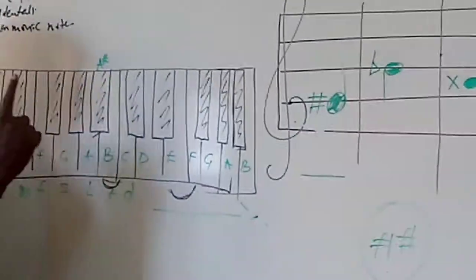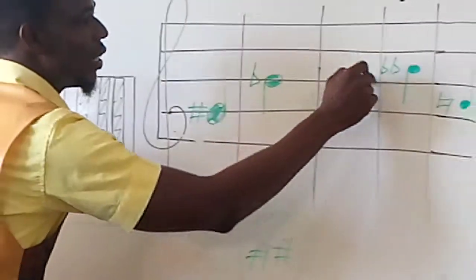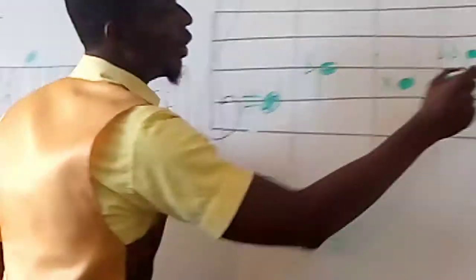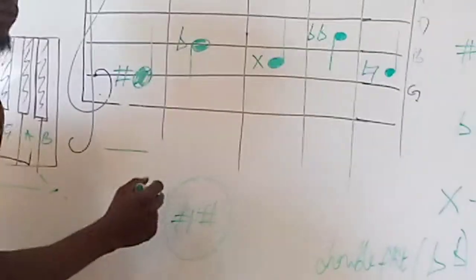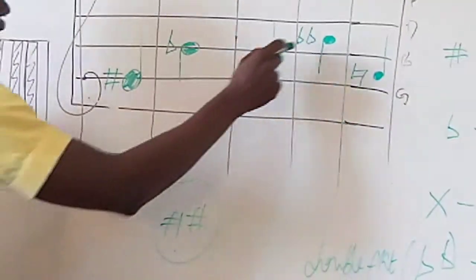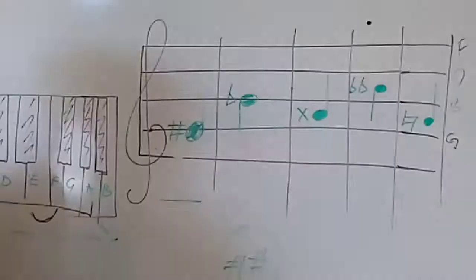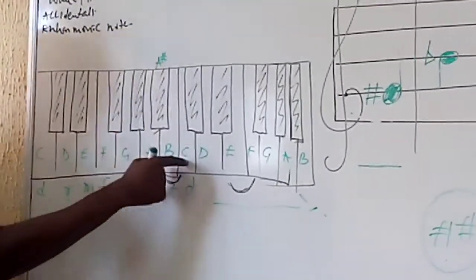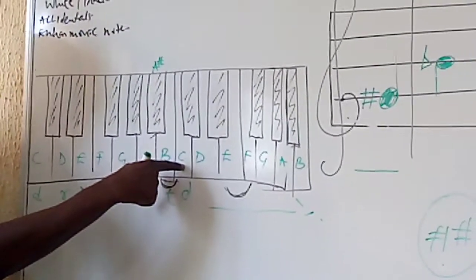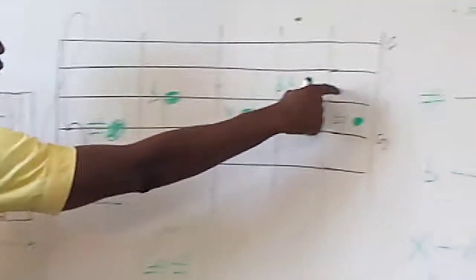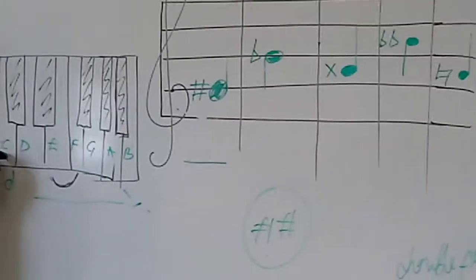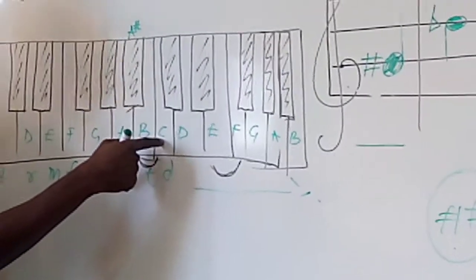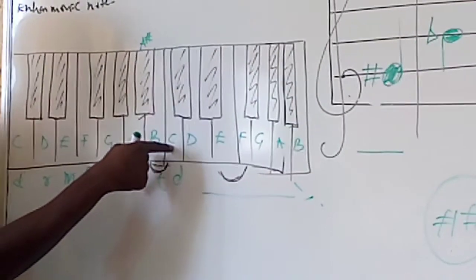The next one we'll be looking at is the double flat. The double flat is placed on the third space, which is C. And now it's telling you, don't play C, but it should be reduced by a tone. So if, for instance, this is the C, and the double flat is placed on it, that is where it is on the staff. So he's saying, don't play this, but it should be reduced by what?